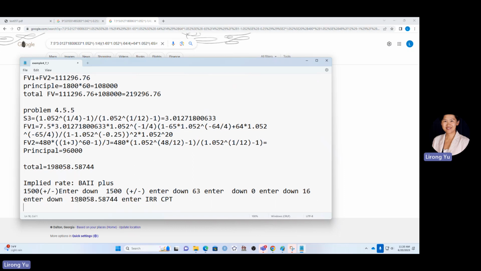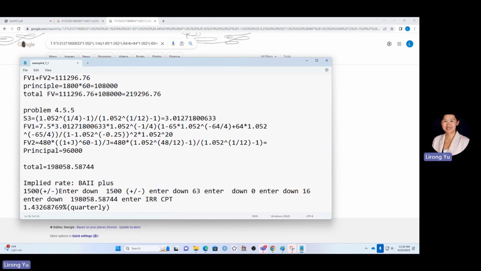Then you'll see your interest rate calculated as 1.43687.69, and this is a quarterly interest rate.